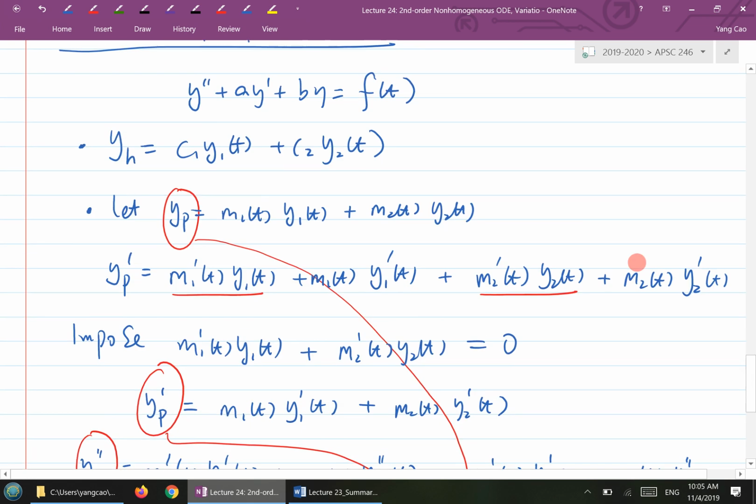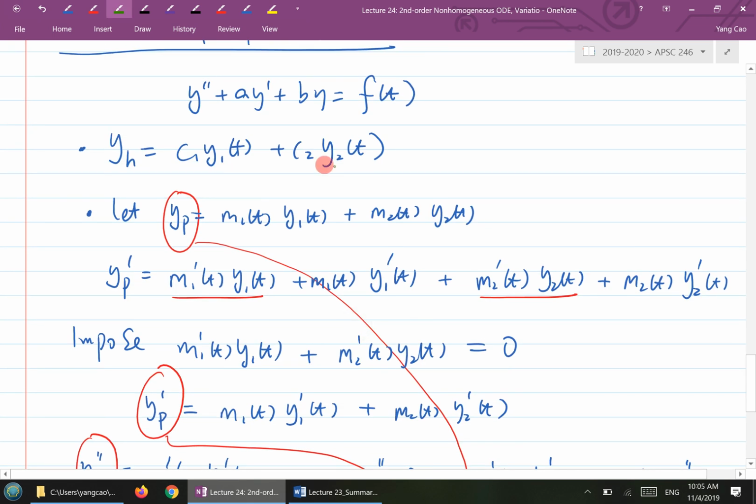If you look at Y1 and Y2, they are the two basis solutions for the homogeneous equation. Homogeneous means what? If you substitute Y1 over here, this one should equal 0.